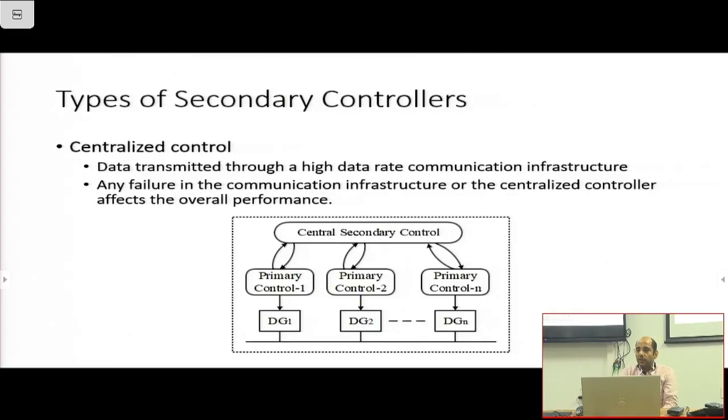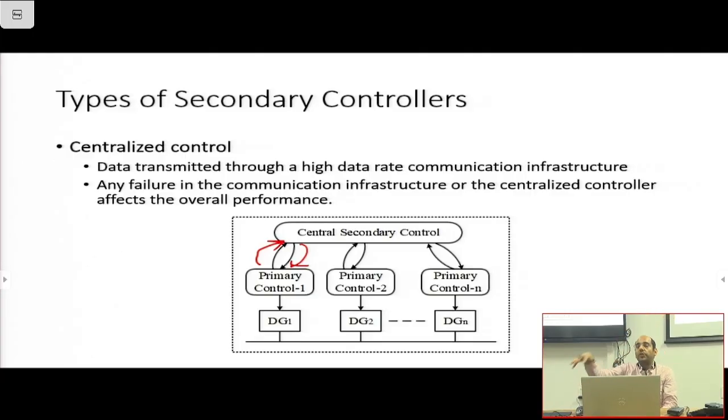In the centralized one, we have a central control. There's a microgrid main central control. It takes communication from all the sources. So you see the arrows. This shows the information is sent to the central controller, and the central controller gives commands to the primary controllers. The problem is, this is a very communication infrastructure intensive control approach, because all of them have to send the data to one center, and from the one center all data will come.